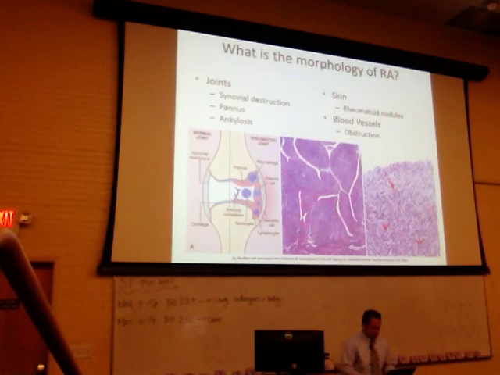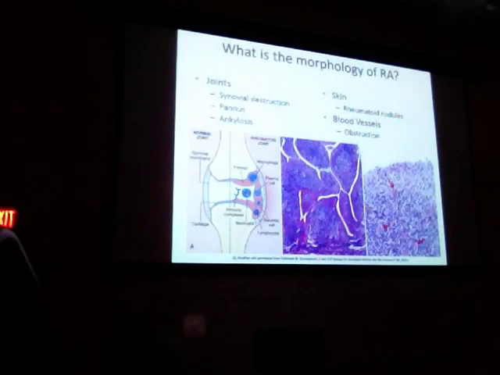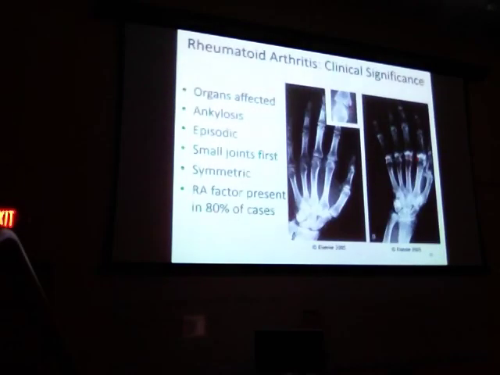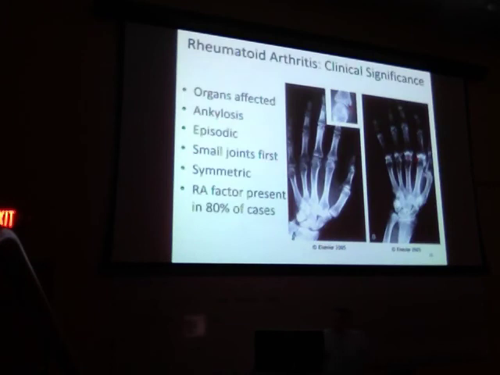So what's the clinical significance? What happens? You can see on your left in A, both of these are arthritic joints. One is a little bit more aggressive than the first.